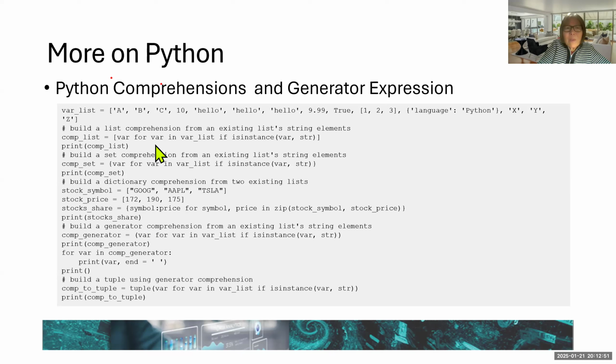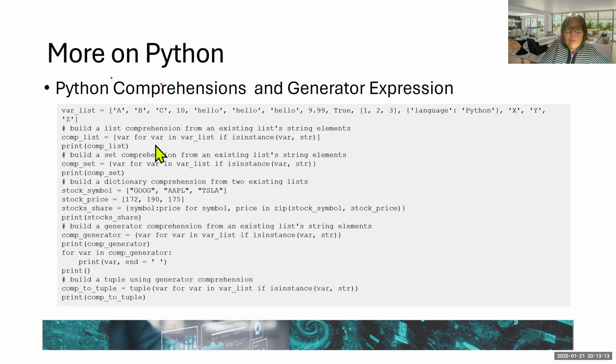You want to build a list from this. You say, I want to pick out all of the strings from this list and store them in another list. That happens a lot. You want to get just a part of the list out.